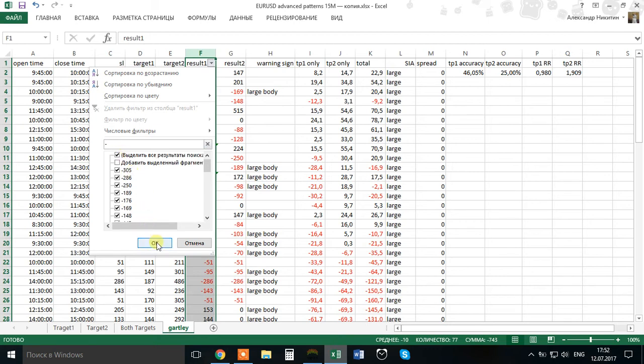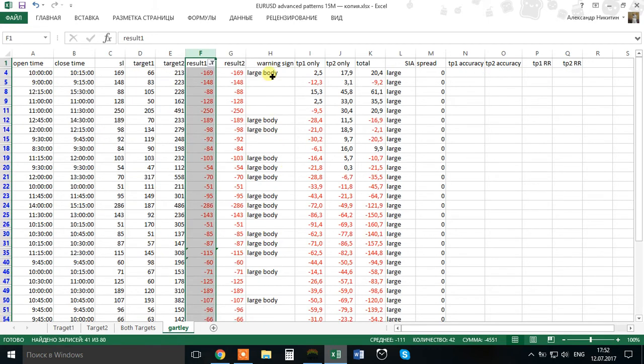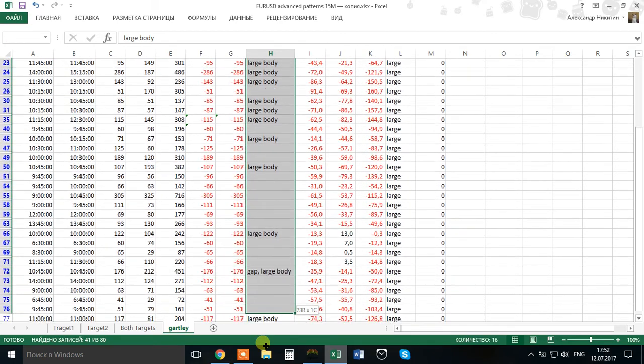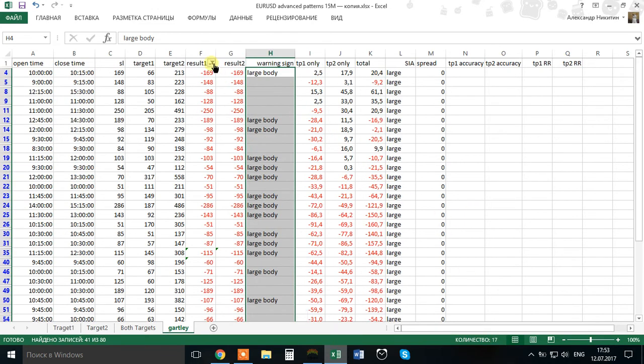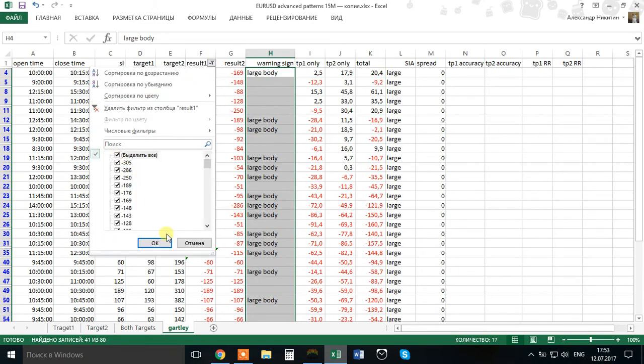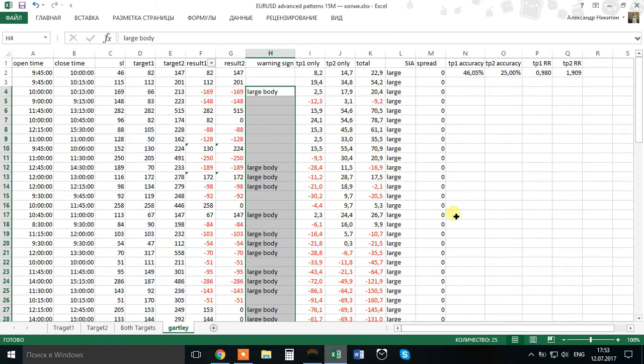Okay, so these are negatives. Let's calculate the negative number. The number of negatives is 17. Okay, this means out of 25 filtered patterns, 17 were losers.